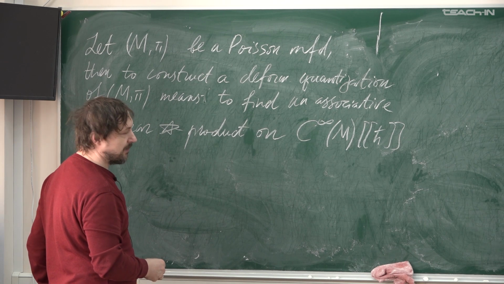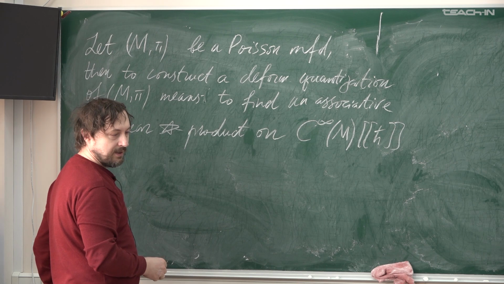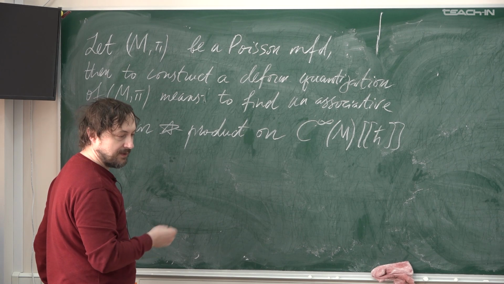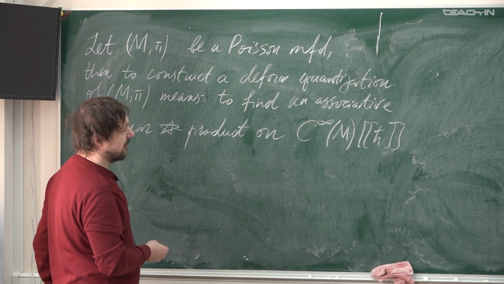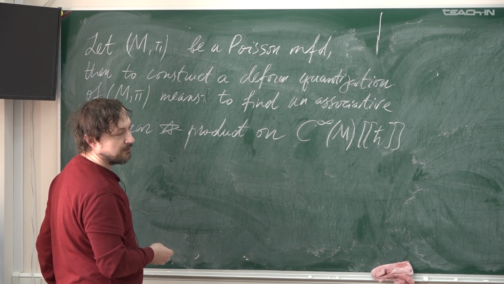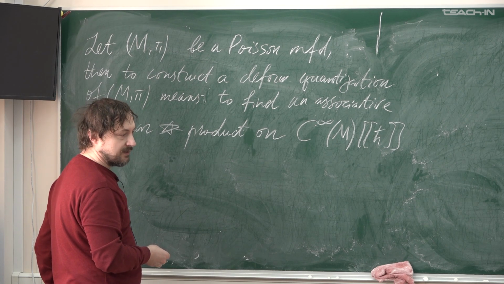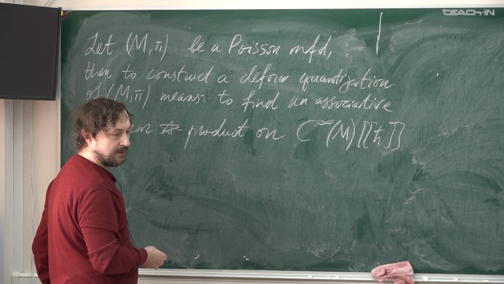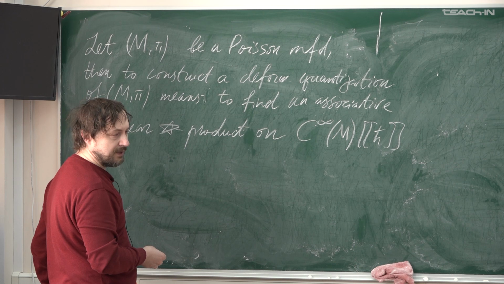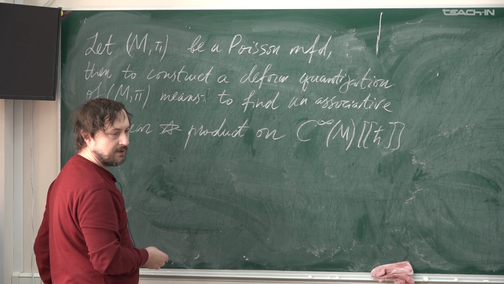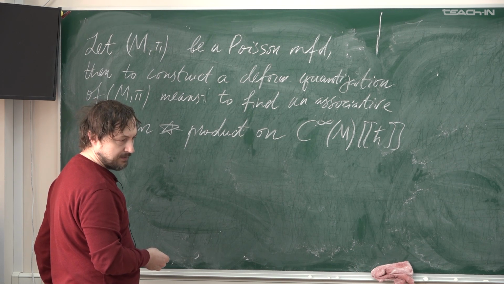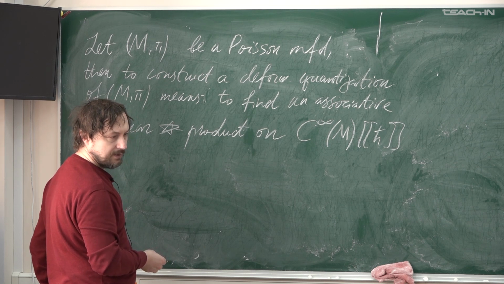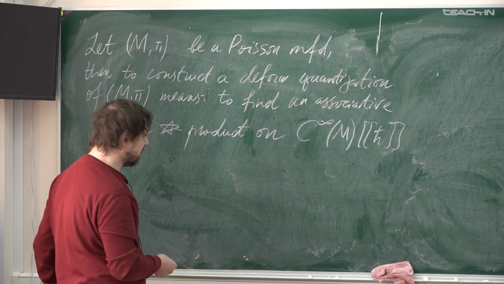Even if you take M equal to some Euclidean space, an affine space, when you take a genuine Poisson structure on M, constructing this product is actually quite a big problem. And in fact, if you can do this for an arbitrary Poisson structure on an affine space, then you would be able to do this everywhere. I'll speak about this later.